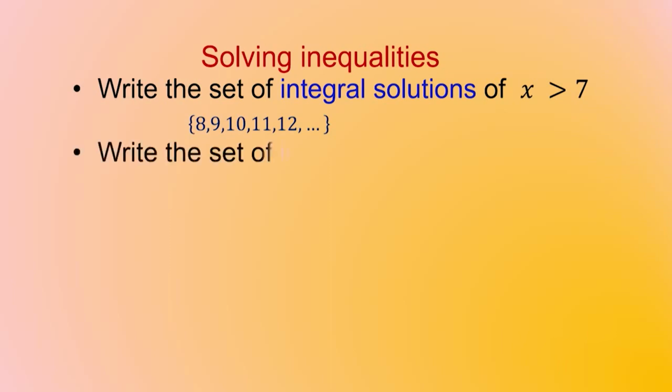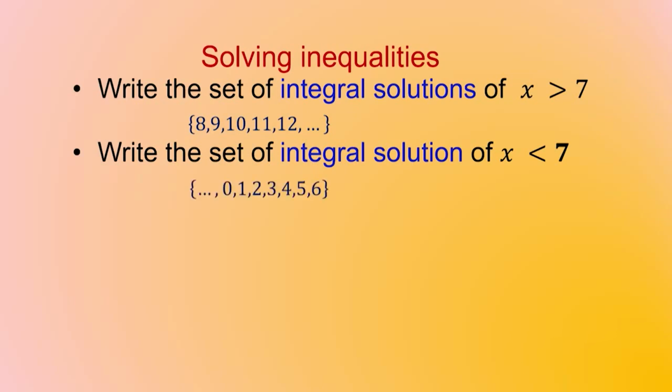Right. Then look at another example. Write the set of integral solutions of x is less than 7. Yes, I am sure you know the answer. What is the answer? You can take numbers less than 7. What are the numbers you can take? 6, 5, 4, 3, like this. The maximum number you can take as x is 6.